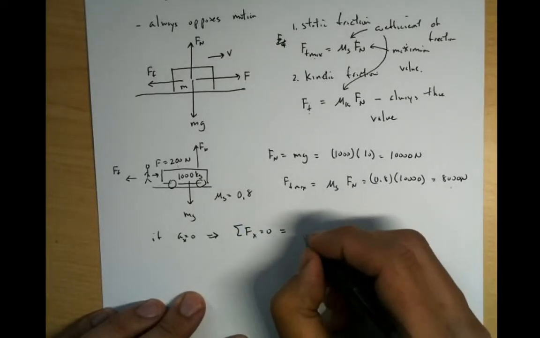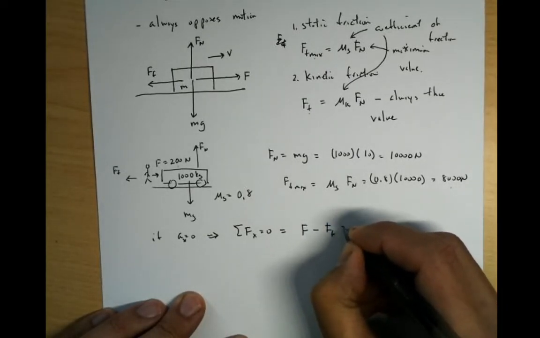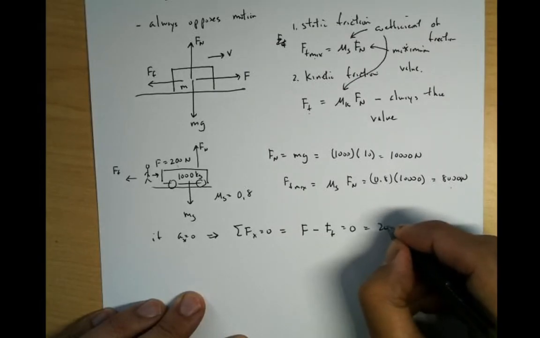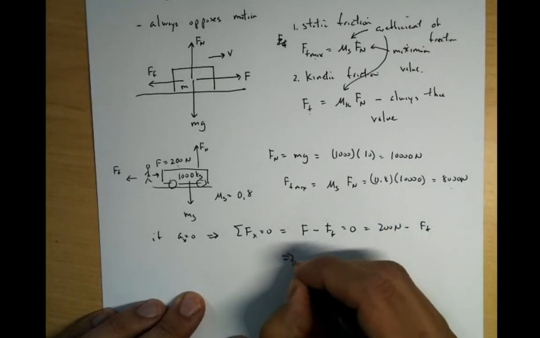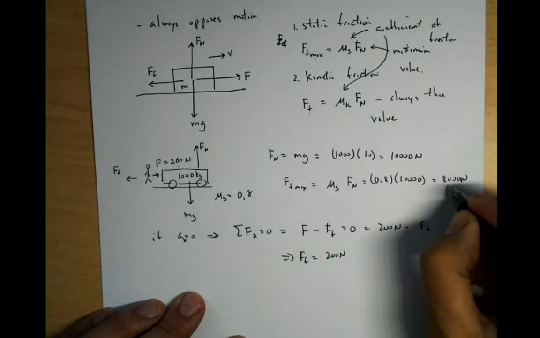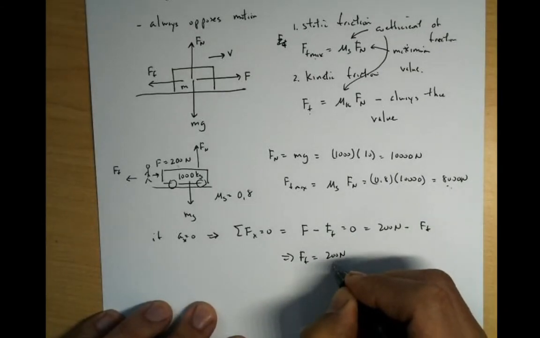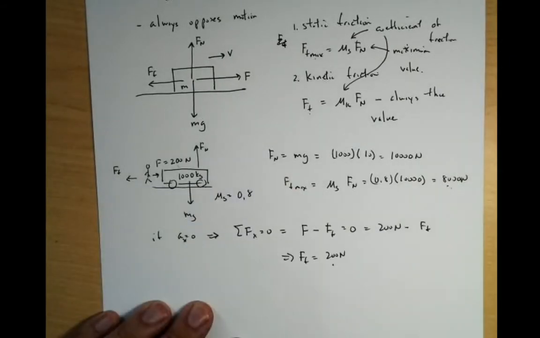That's 200 newtons minus F_f equals 0, so the force of friction is 200 newtons. This is the actual value that has to be held in order for the car not to move. If it pushed back with 8,000 newtons, it would run you right over and crush you.